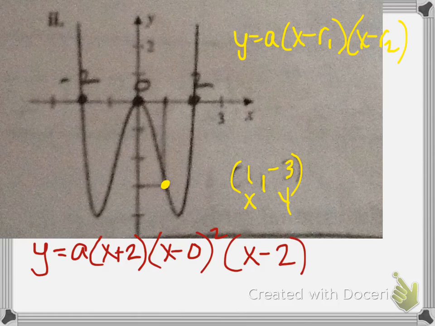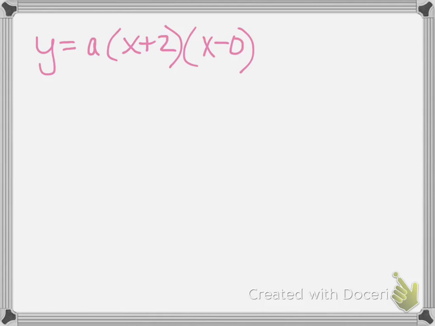I'm just going to do that on the next screen so that I have more room and you can see what's going on. So I have the equation y equals a times x plus 2, x minus 0 squared, and x minus 2, and I'm using the point 1, -3 for my x and my y so that I can find a.